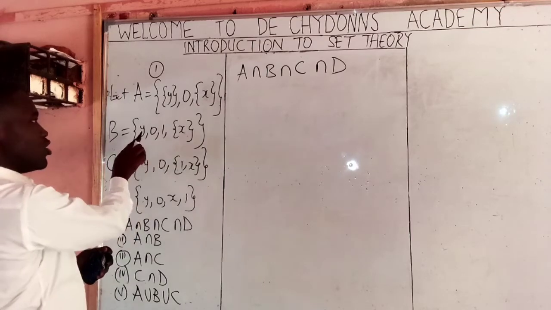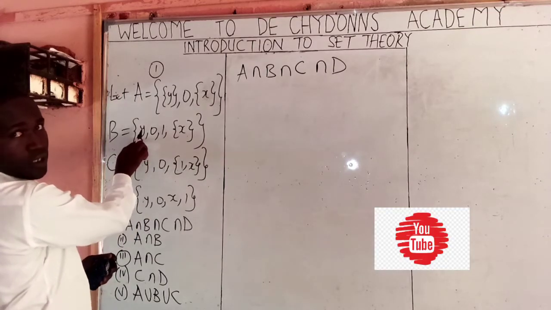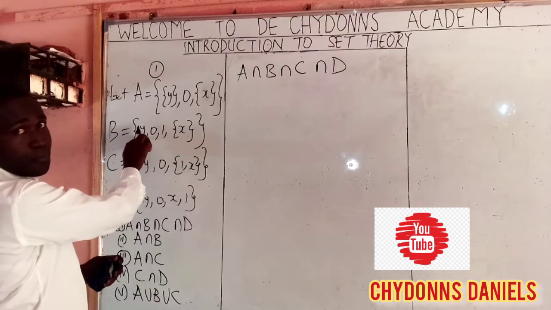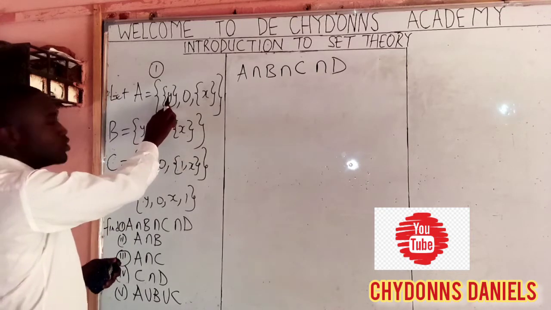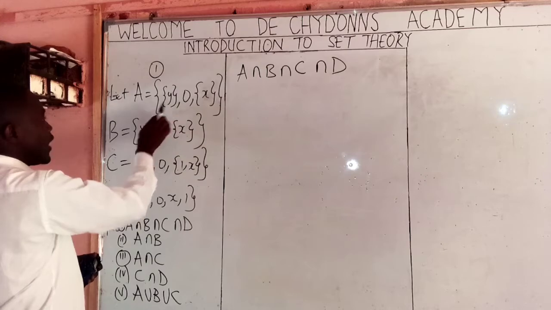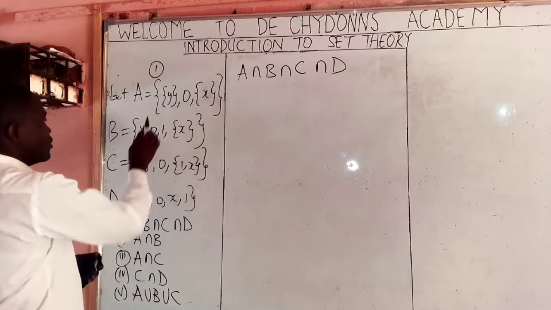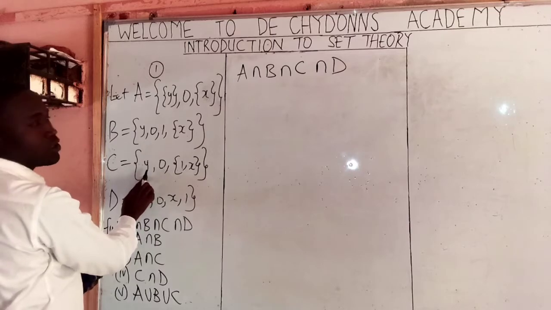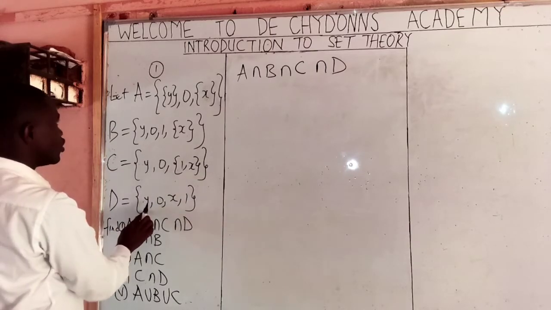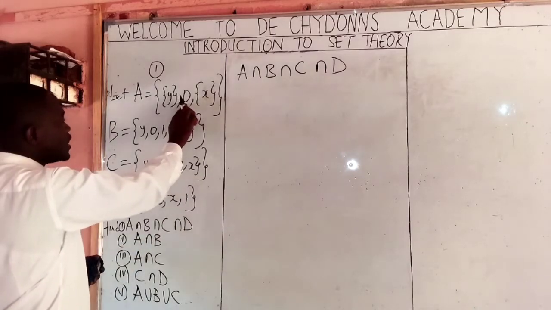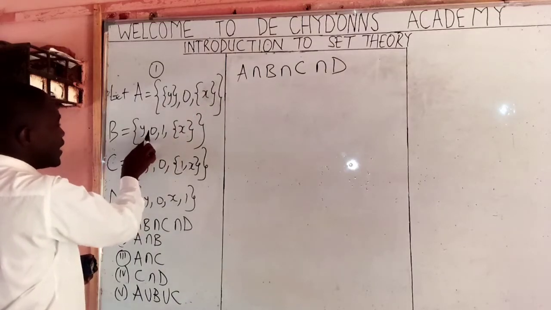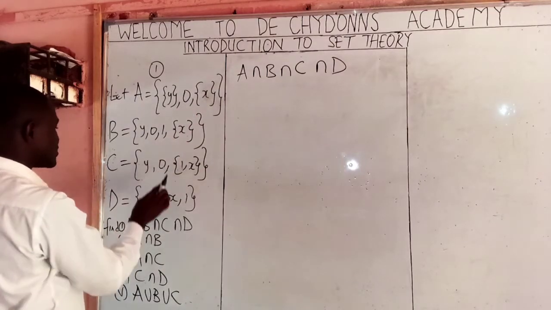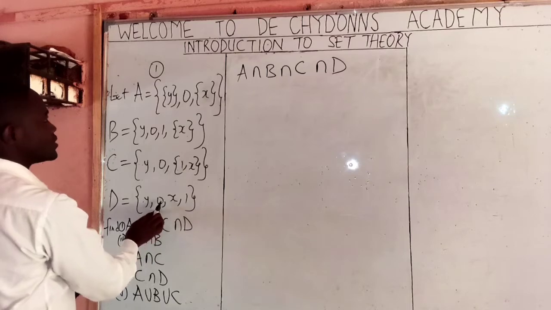No. Mind you, you can see Y in this B, but it is not in a curly bracket like the one in A. So they are not equal. This Y in curly bracket, do we see it in C? No. Do we see it in D? No. Now this 0, do we see it in B? Yes. Do we see it in C? Yes. Do we see it in D? Yes.